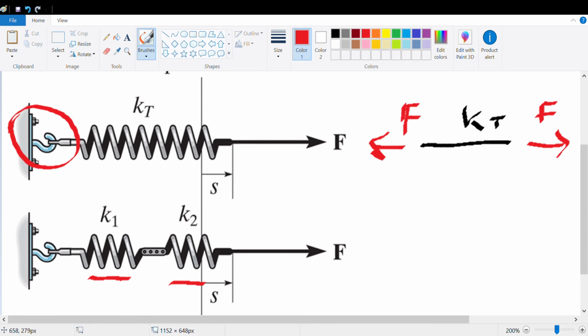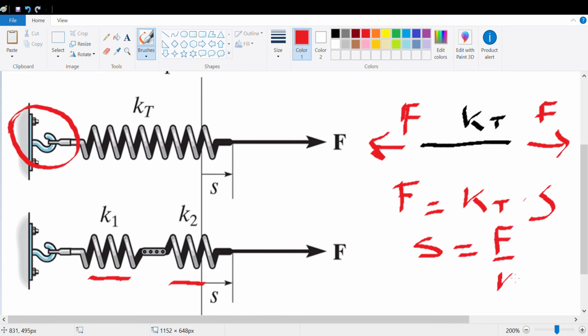And the system is now in equilibrium. Now we know that the force in a spring is equal to its constant times the displacement, S. So the displacement S is equal to the force divided by Kt.